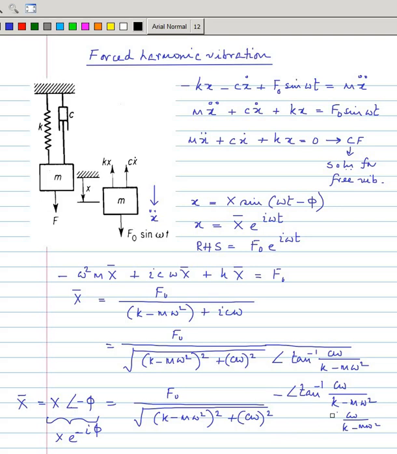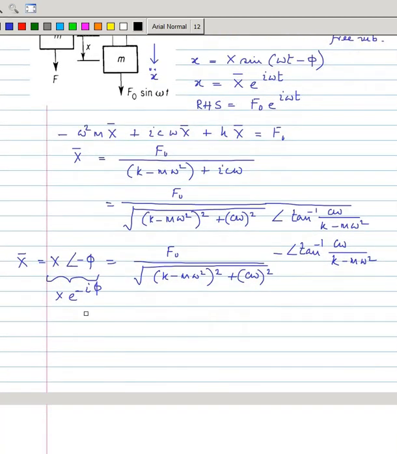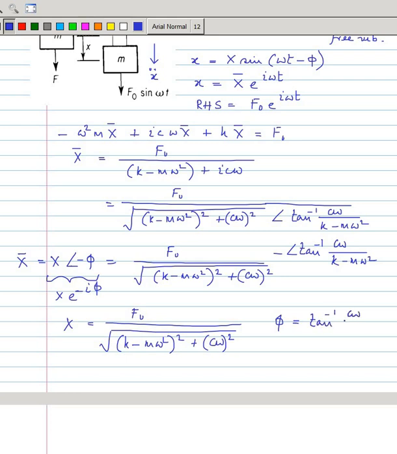So from here you can equate that the amplitude X is F naught by the root of the denominator, and phi is tan inverse of c omega by k minus m omega square.